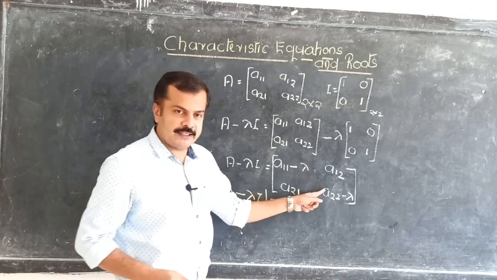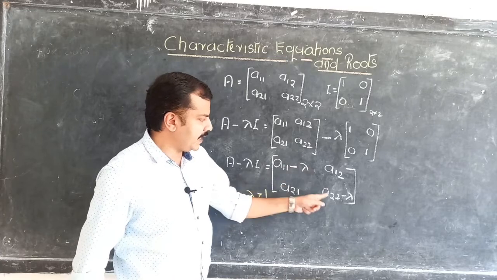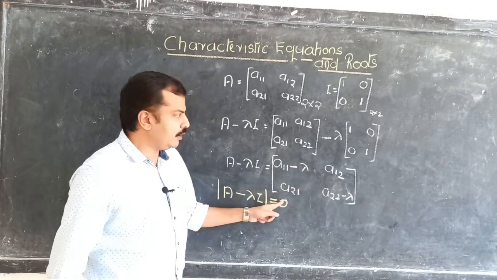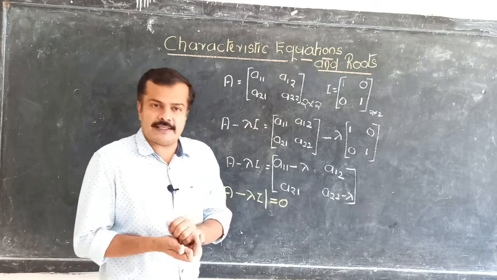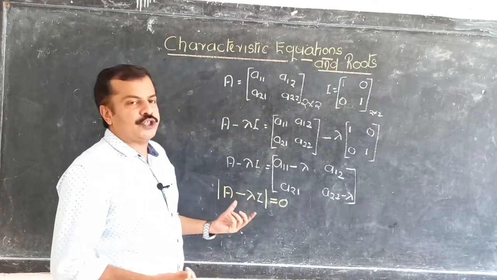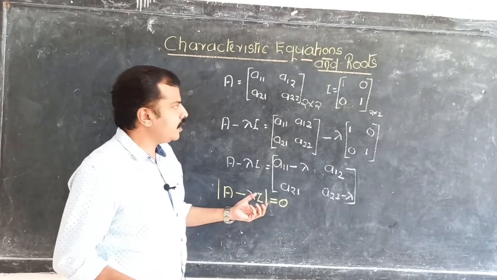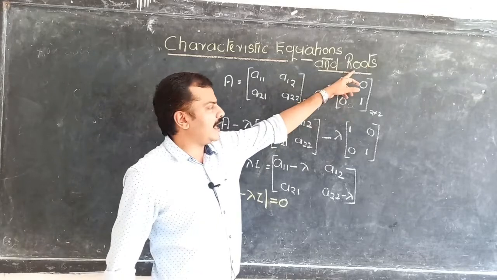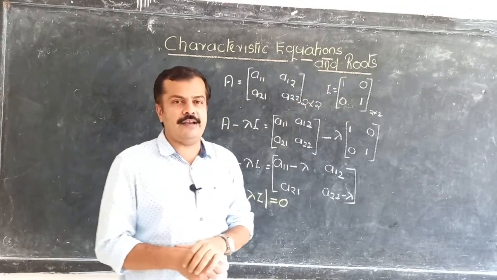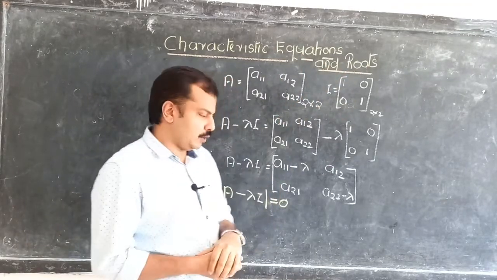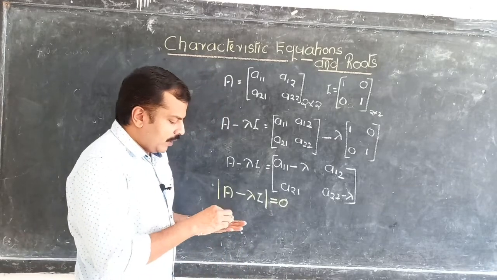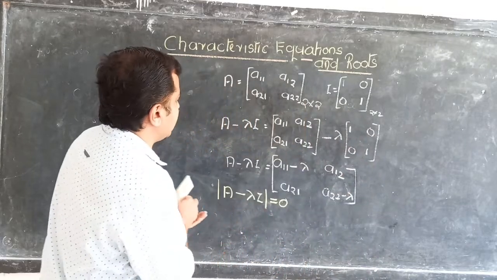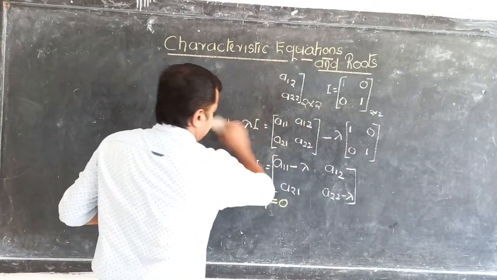Once we calculate the determinant, that means A11 minus lambda into A22 minus lambda minus A12 into A21, set equal to 0, it is known as the characteristic equation, and the solution for lambda is known as characteristic roots, eigenvalues or latent roots as well. So this is the meaning of the characteristic equation as well as characteristic roots.